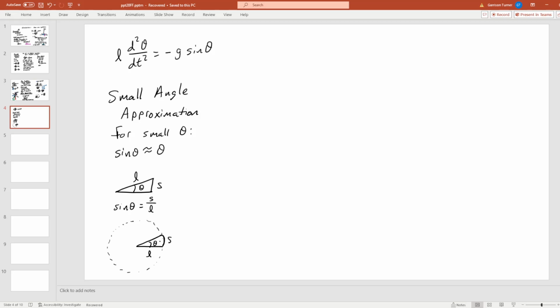If I make theta small enough, then S approaches a straight line.